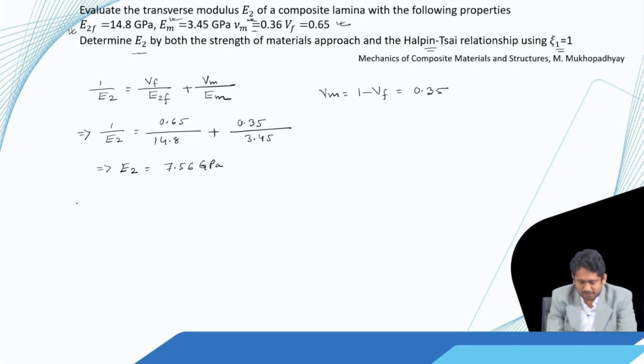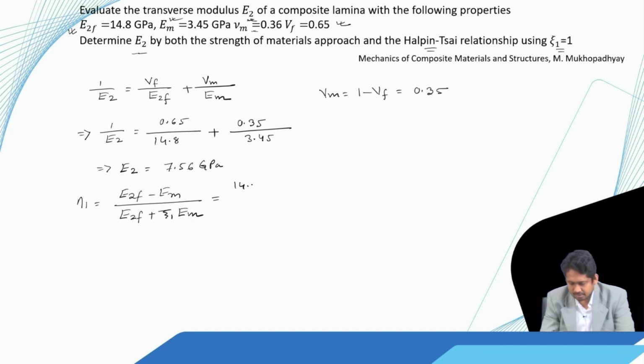So, if xi 1 is equal to 1, then eta 1 becomes, as we know, the formula is E2f minus Em divided by E2f plus xi 1 into Em, and if we put all the numbers here, 14.8 minus 3.45 divided by 14.8 plus 3.45, because xi 1 is equal to 1, this gives eta 1 as 0.622.